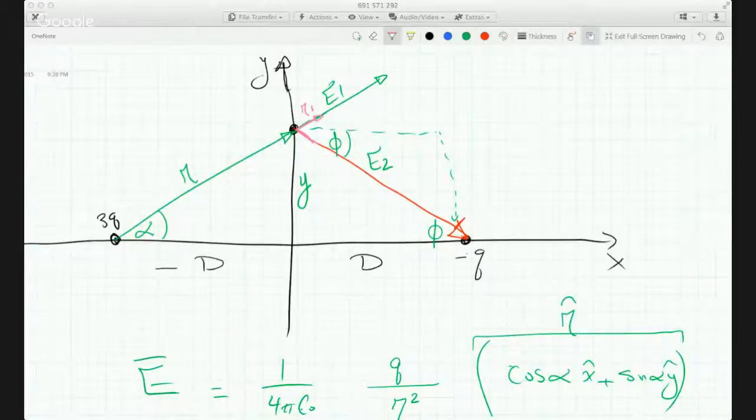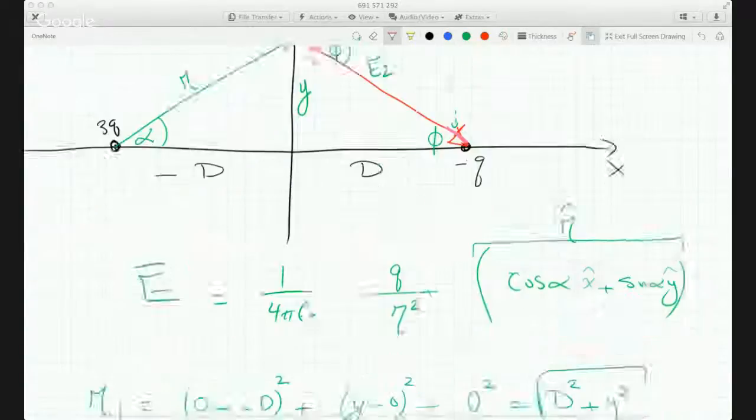Wait, it goes from the point. So it's basically, actually it's this one. It's at the point. So yeah, it's this.